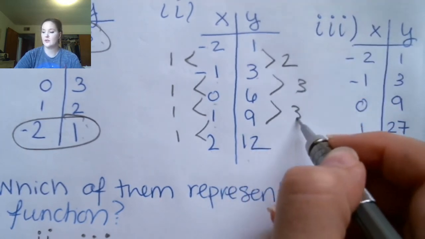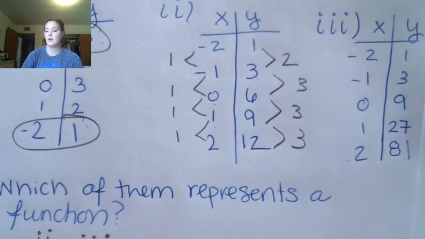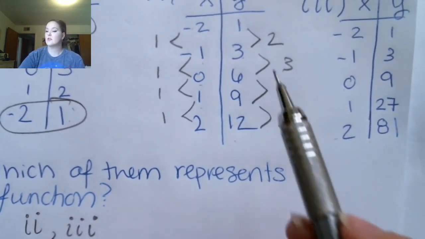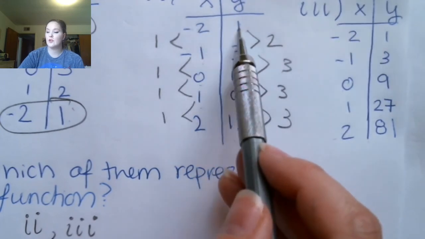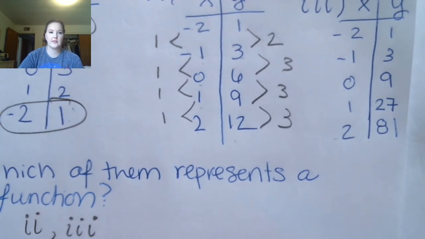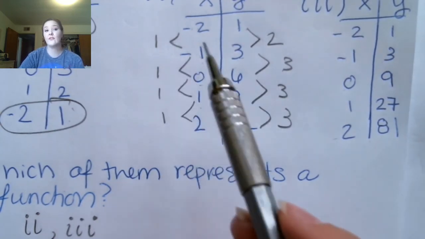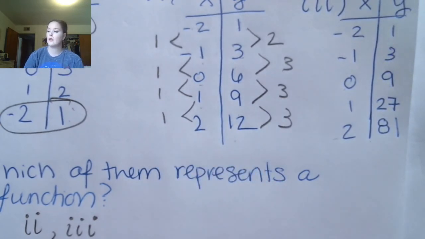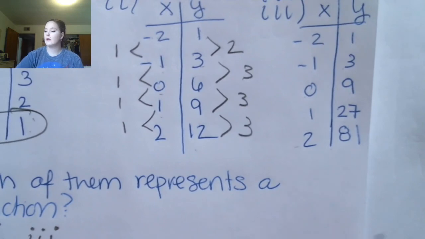This change in y is 3, and this change in y is 3. So you can see that the slope between -2, 1 and -1, 3 is different than the slope between the rest of the points. So this is not a line. It is a function, but it's not a linear function.